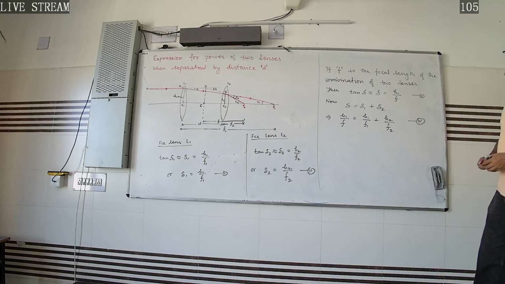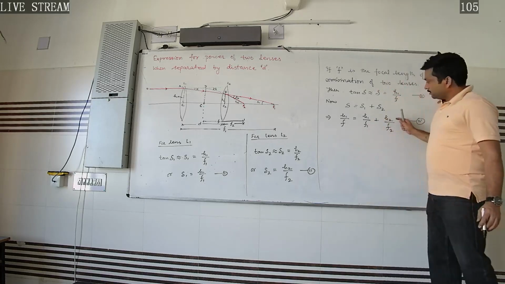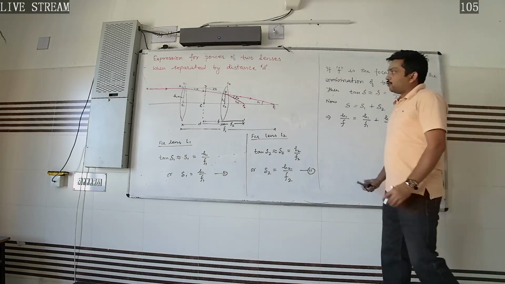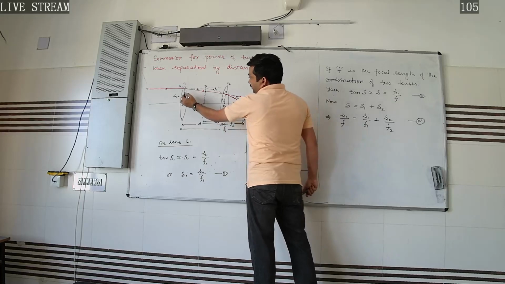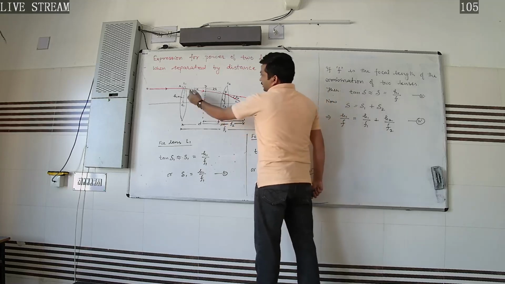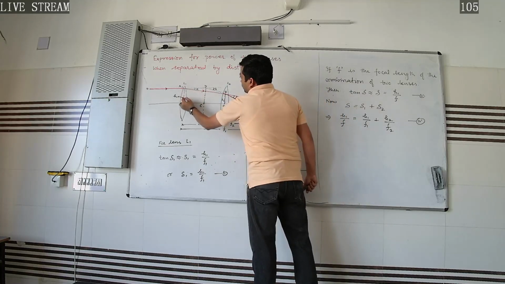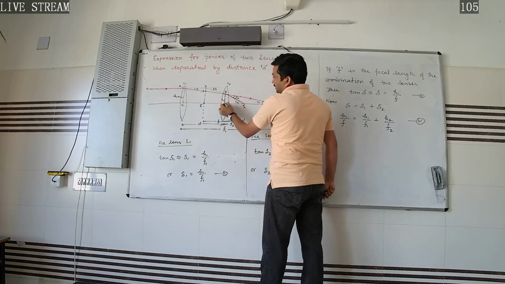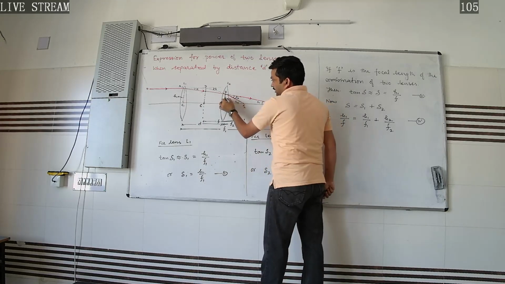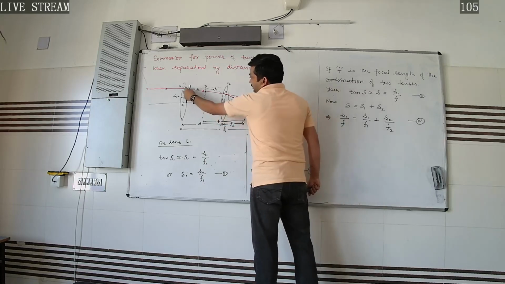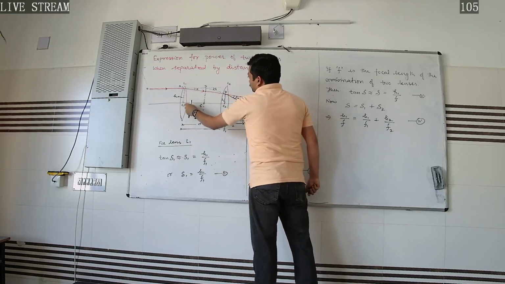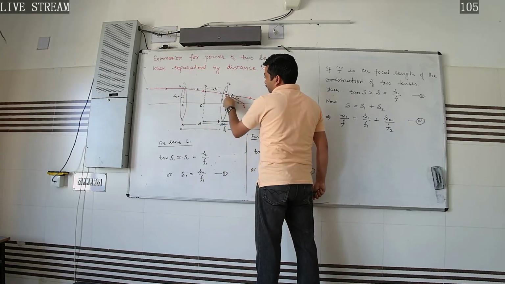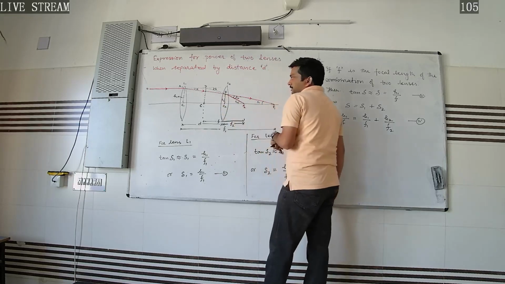Now, in the next step, we have to put the value of this H2. So how can we put this value? Here in this case, as we look at the diagram carefully, we see that the triangle AC1F1 is similar to the triangle BC2F2. As the triangle AC1F1 is similar to the triangle BC2F2, the ratio of sides must be equal.